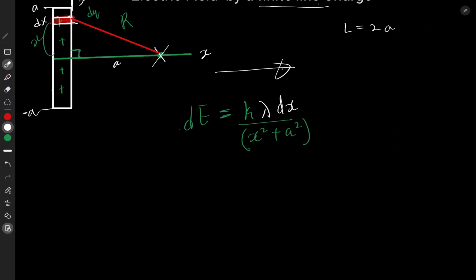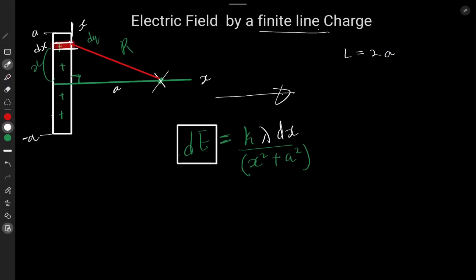Okay, also you should notice that since we are talking about dE, we are literally talking about an electric field caused by this small part. But there are a lot of these small parts causing this electric field at this point. So we are supposed to sum them up. You know this fancy summing, it's going to be an integral, right?